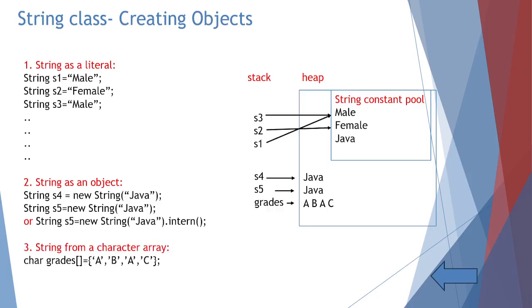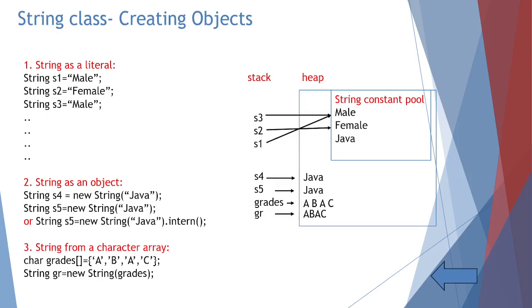The third one is a string from a character array. An array is a reference variable. So in the heap area, A, B, A, C array is stored, and grades is the reference variable stored in the stack, pointing at A, B, A, C. From this, we can create a new string. How?